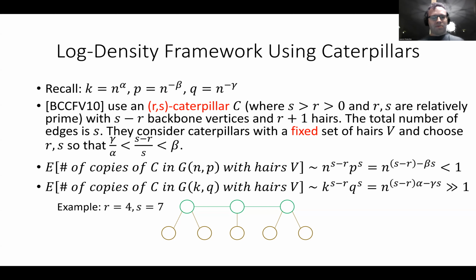On the other hand, the expected number of copies of C in G(k,q) with the hairs V, if V is a subset of the planted k vertices, is on the order of k to the S minus R times q to the S, which is much larger than 1. Here's an example of the RS caterpillar where R equals 4 and S equals 7.